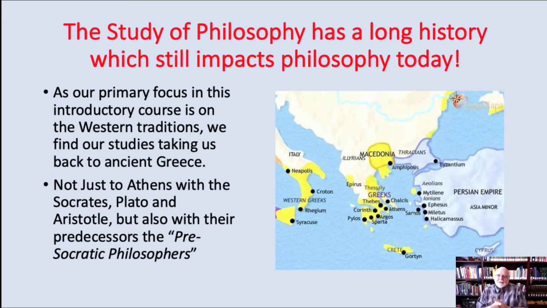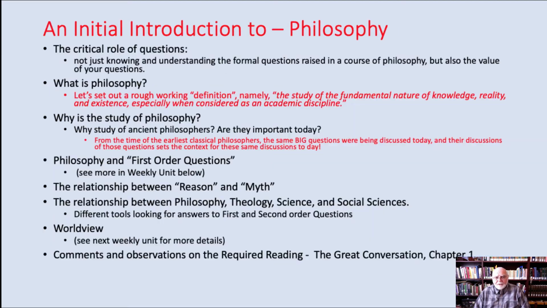And hence, the contribution that people like Plato and Aristotle made to the study of philosophy is very significant, even today. You'll see that their contribution continues to be very important. So we're beginning with that. I'm asking you to read chapter 1 of the textbook in this first week, so that you can get a bit of background and understand some of the issues.